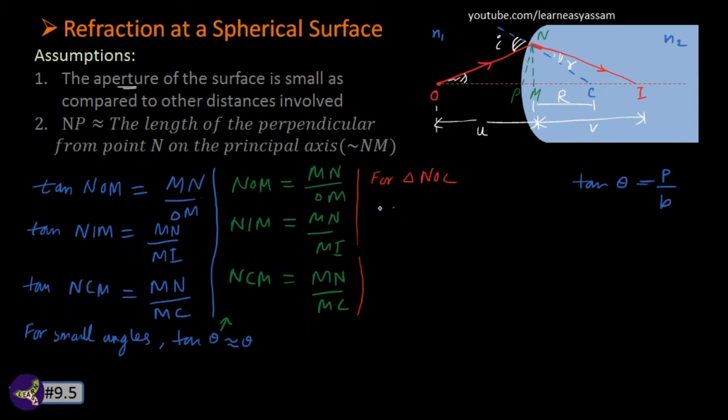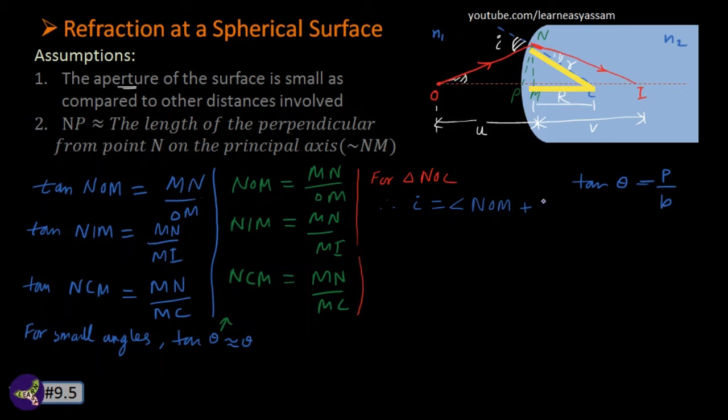You can write that angle I is equal to this triangle, that is angle NOM, plus angle NCM.